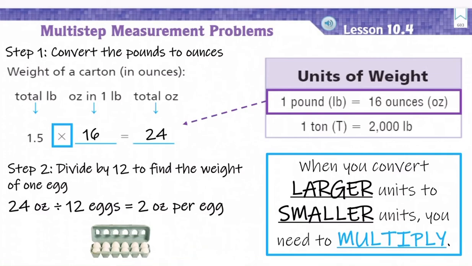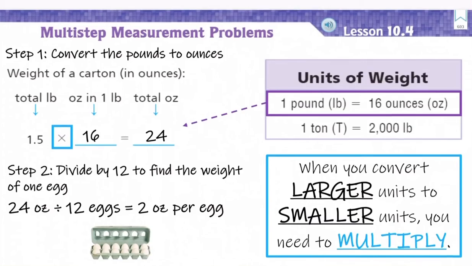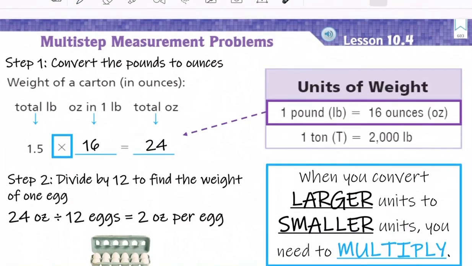All right, first we're going to convert pounds into ounces. We know that there are 16 ounces to 1 pound. So we're going to take the total pounds, which is 1.5. We're going to multiply. We're going from pounds to ounces, larger unit to smaller unit. So we multiply by 16 because there's 16 ounces in 1 pound, and we get 24 ounces.